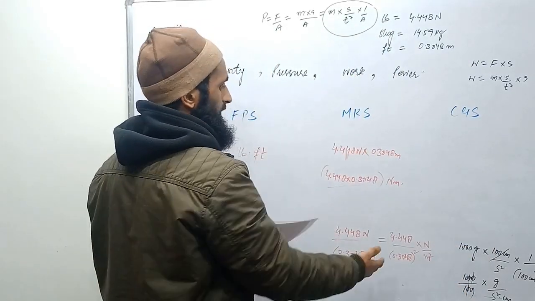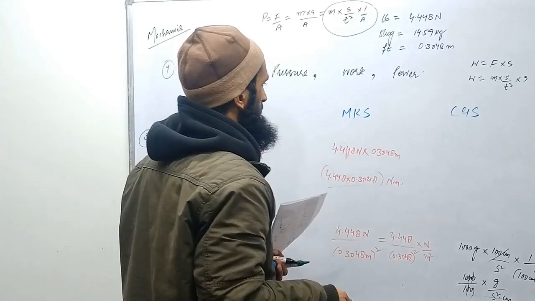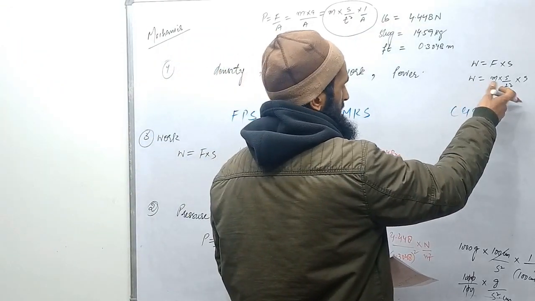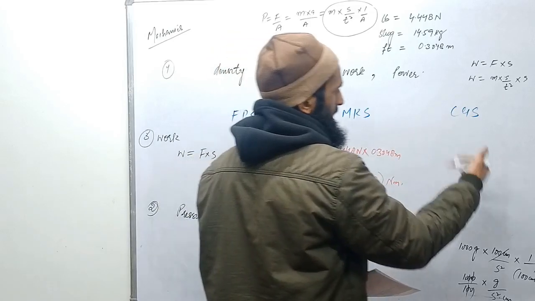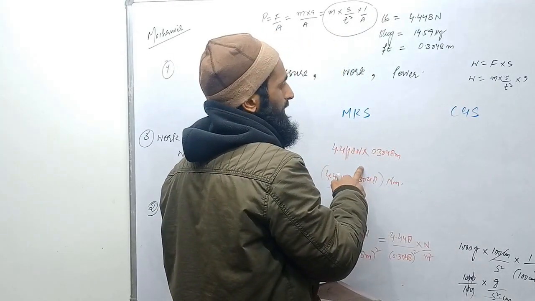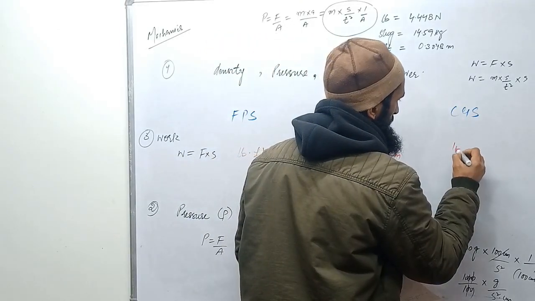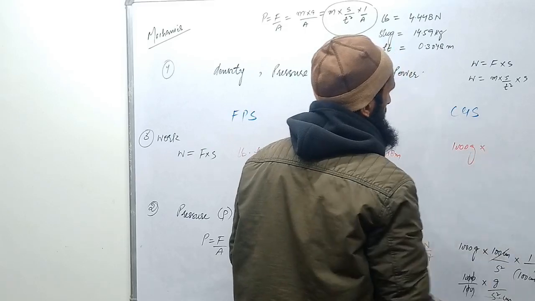In the same way as we did here, we have to do the same thing. First we consider this quantity in MKS system, and then we convert it to CGS system. Mass will be kilogram, and in CGS system it will be 1000 gram.